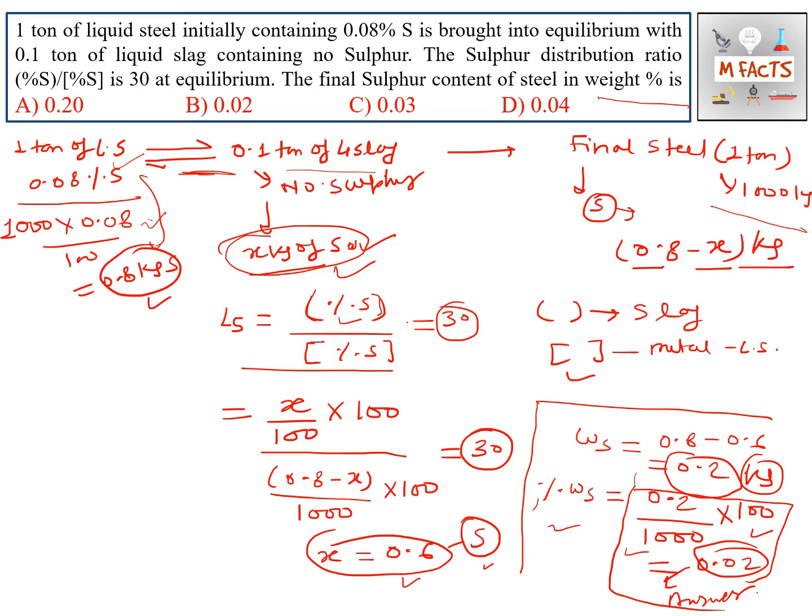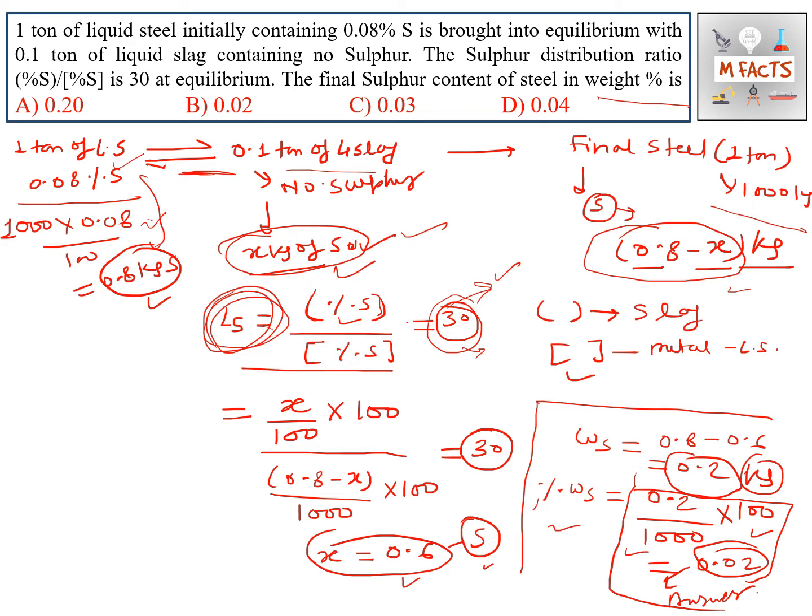Whatever sulfur does not go into the slag will remain in the final steel, which gives 0.8 minus x kg. Then we applied the formula for the distribution ratio, Ls equals percentage of sulfur in slag to percentage of sulfur in metal. The value 30 is given at equilibrium for this problem. This can vary according to the question and is not a fixed value.